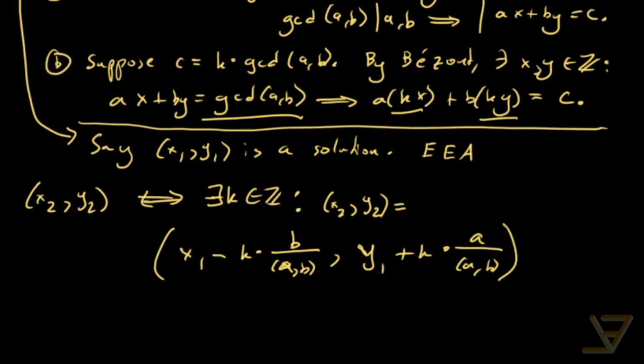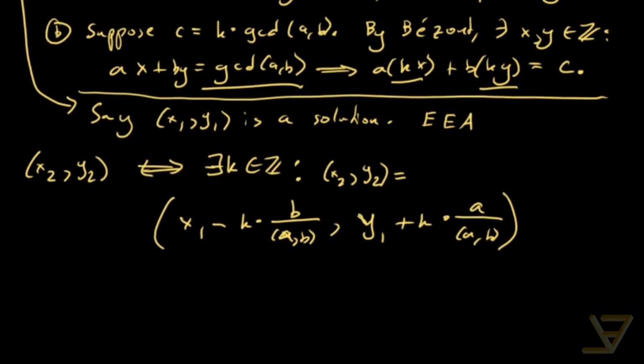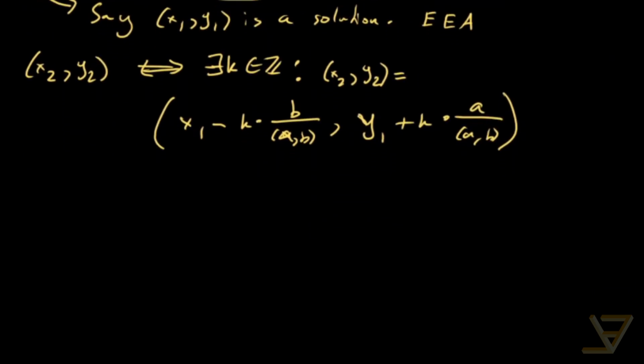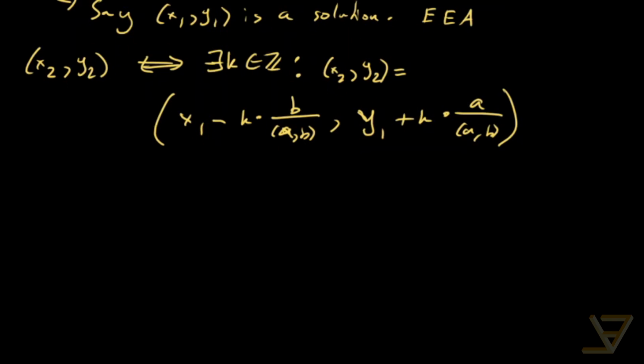And this is easiest to conceptualize when the GCD of a and b is trivial, meaning it's equal to 1. But this is the general solution, and now we're going to prove it.